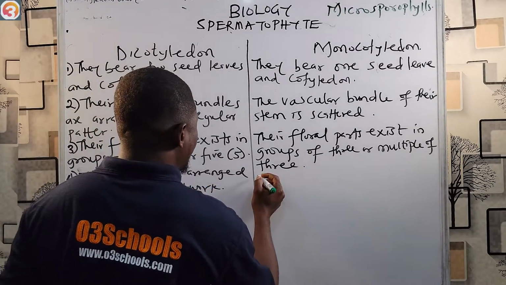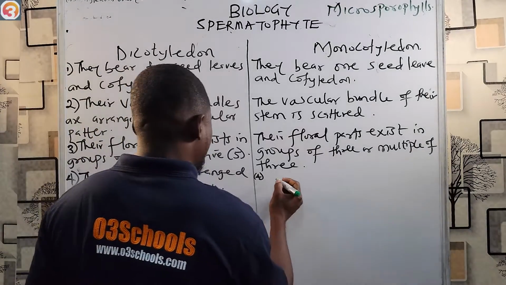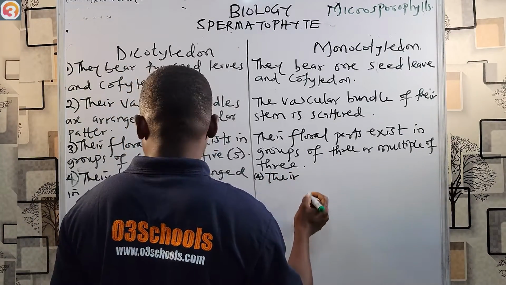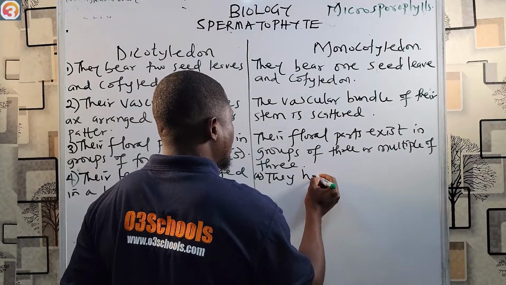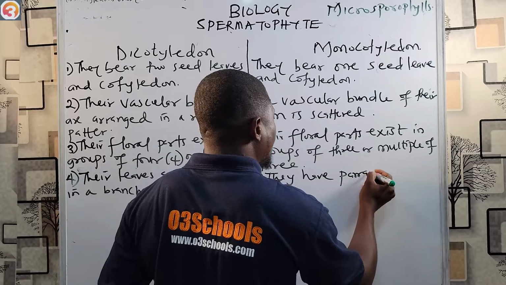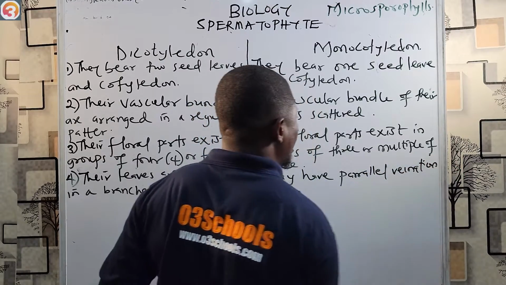Okay, this one, number 4. Sorry, it is kind of leaving the line. All right, this one's their leaves. Okay, their leaves, they have what? Parallel venation. They have parallel venation. Okay, you know what venation is, right?